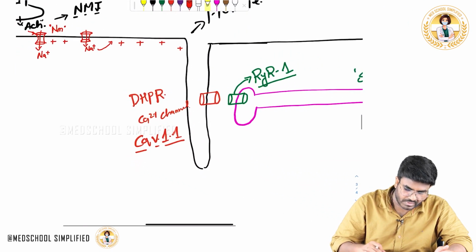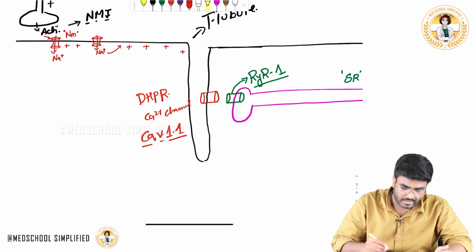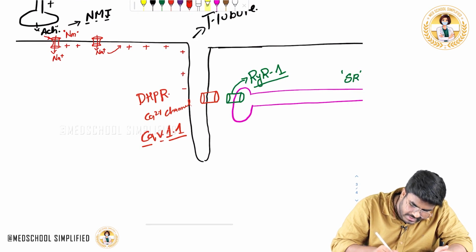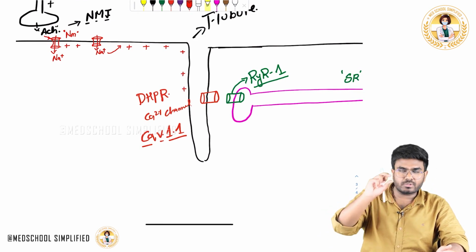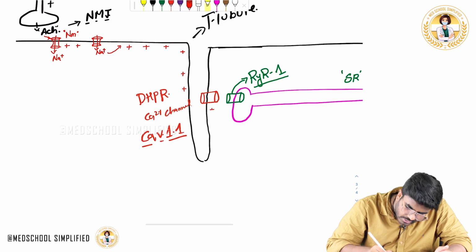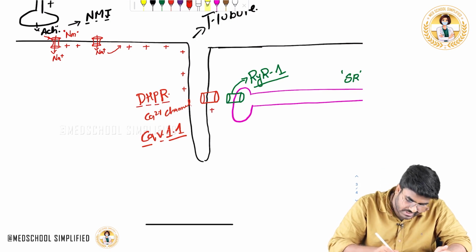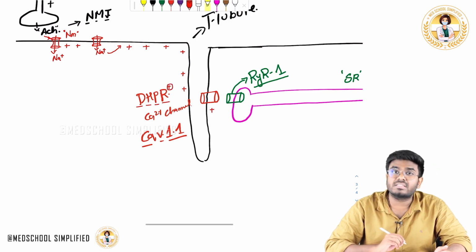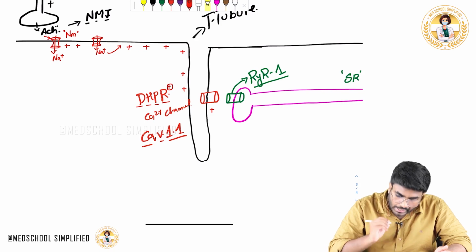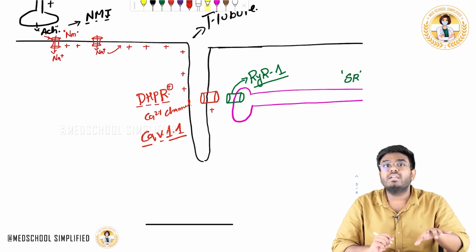Now you should know what this depolarization will do. It spreads through the T-tubule. When it is coming through the T-tubule, which channel will it activate? It will activate the dihydropyridine receptor calcium channel. So this DHPR is going to be activated. Now what will this DHPR do further?